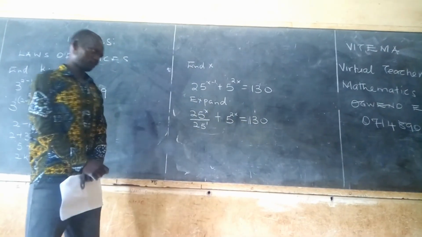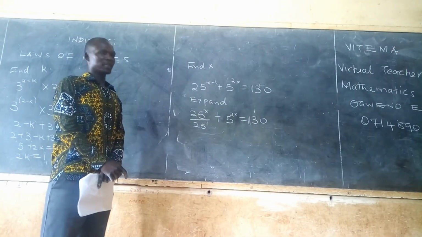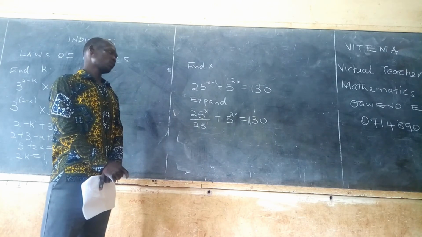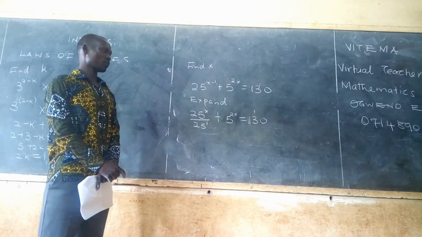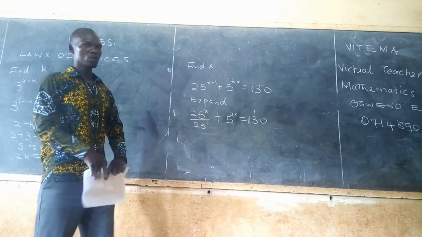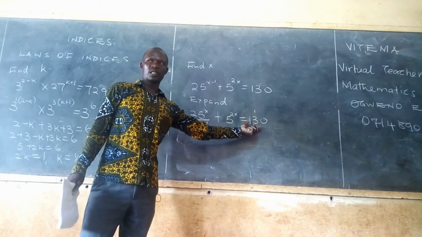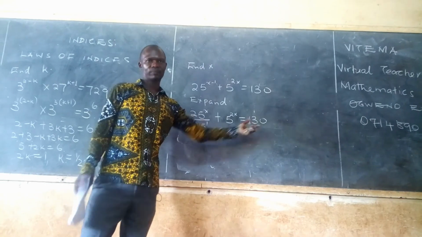That is step 1. After expanding, what you now need to do is identify a common base for the numbers with x. You do not need to struggle to get a common base for this one. It is not necessary.